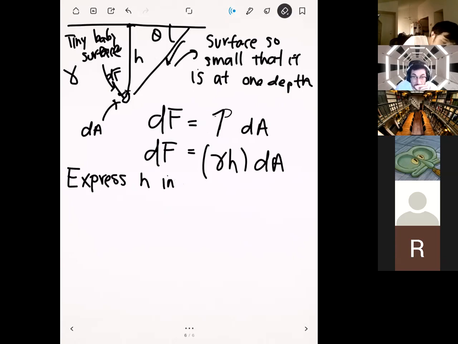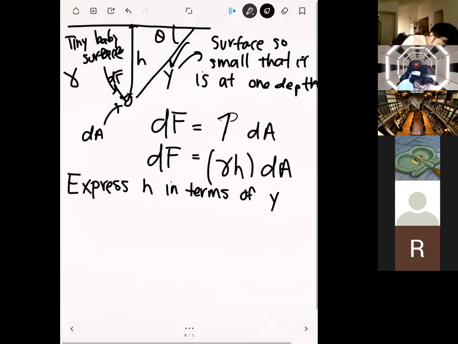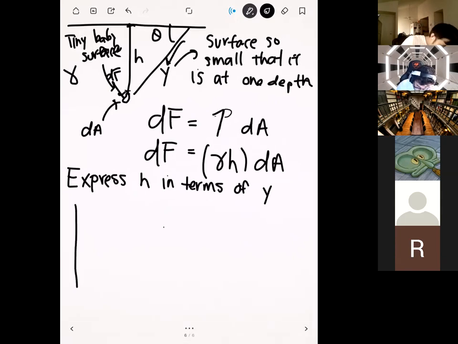All right, so the next step is that we're going to take this expression and express it in terms of our y-coordinate. Remember, our y-coordinate points down the surface like that. Since that's our coordinate axis, let's express this in terms of that. If we draw a triangle like this, where this angle is theta and we have this right angle, we know the vertical component of this triangle is h.